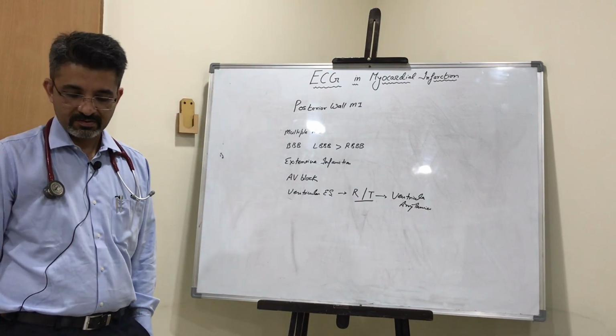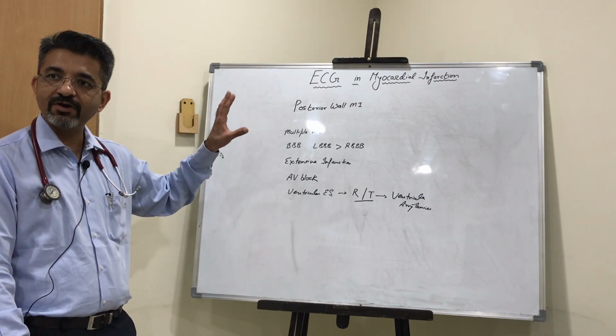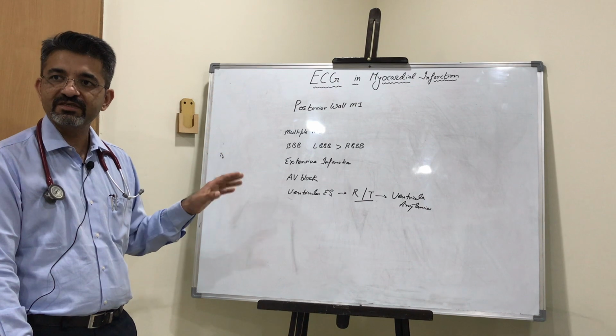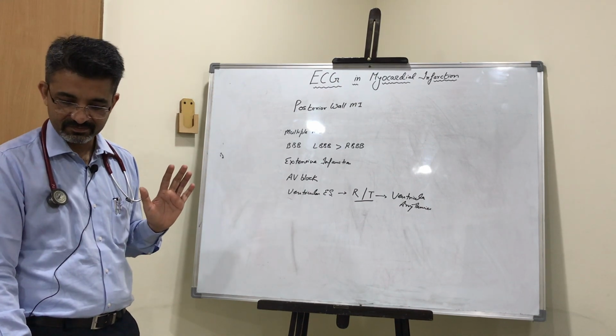Right? So you have to remember that by looking at the ECG itself, you can tell the patient that this is a very high risk patient or a moderate risk patient.